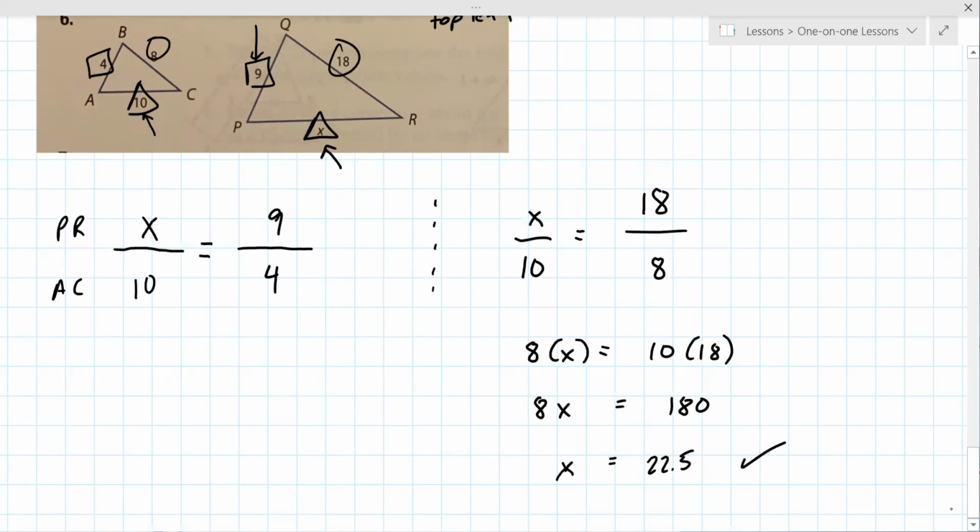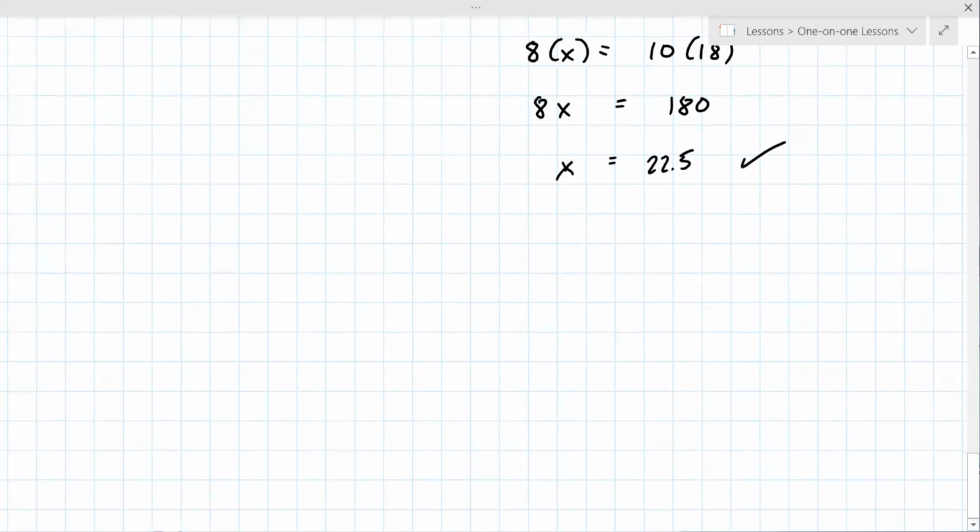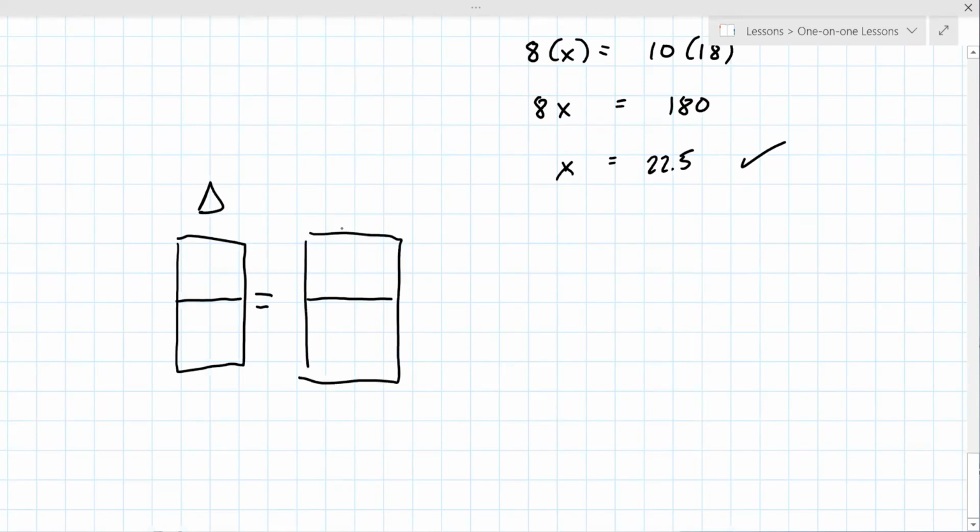Okay, so let me give just a little more information because I don't think I did a great job of doing that. You have options here. You can say that all of this information on the left is for a certain triangle, and all the information on the right is for a certain triangle, and then the top part is a certain side, and this bottom part is a certain side.